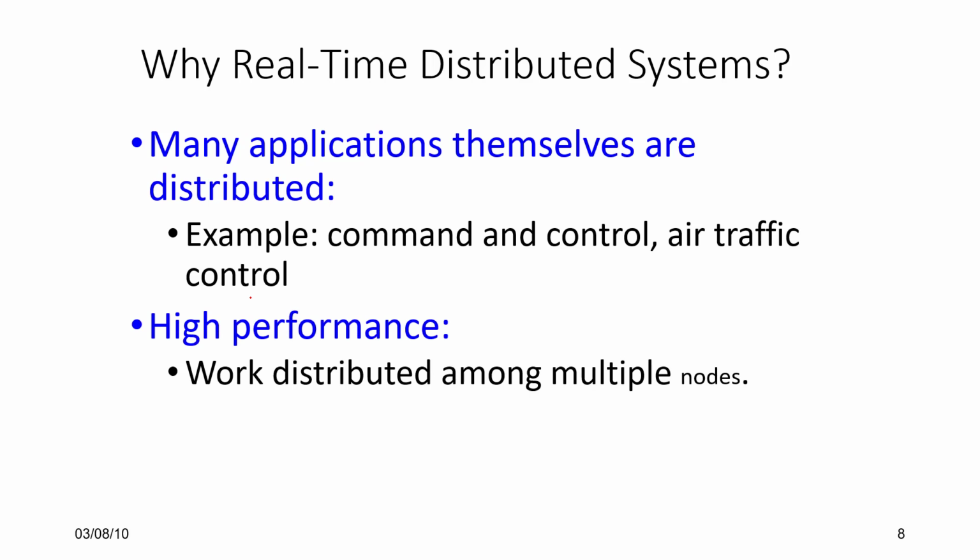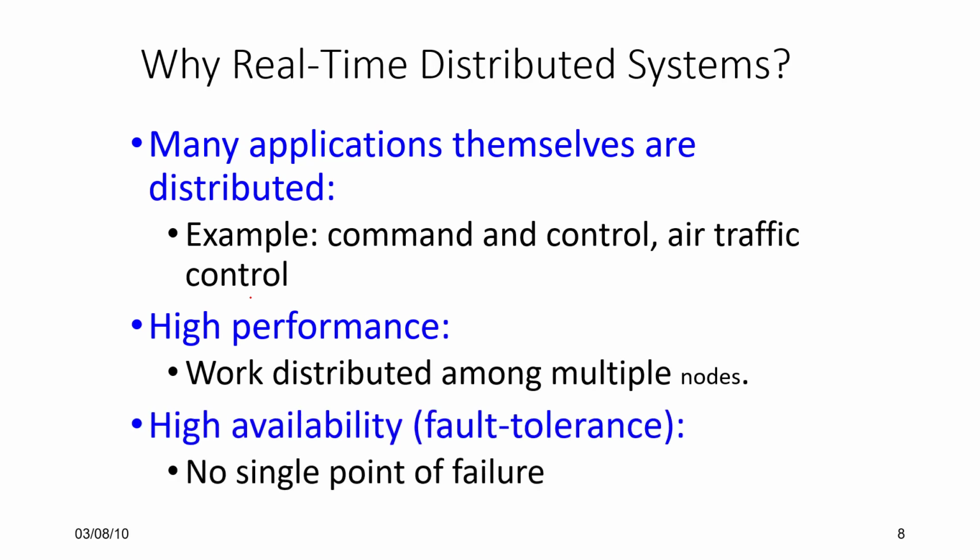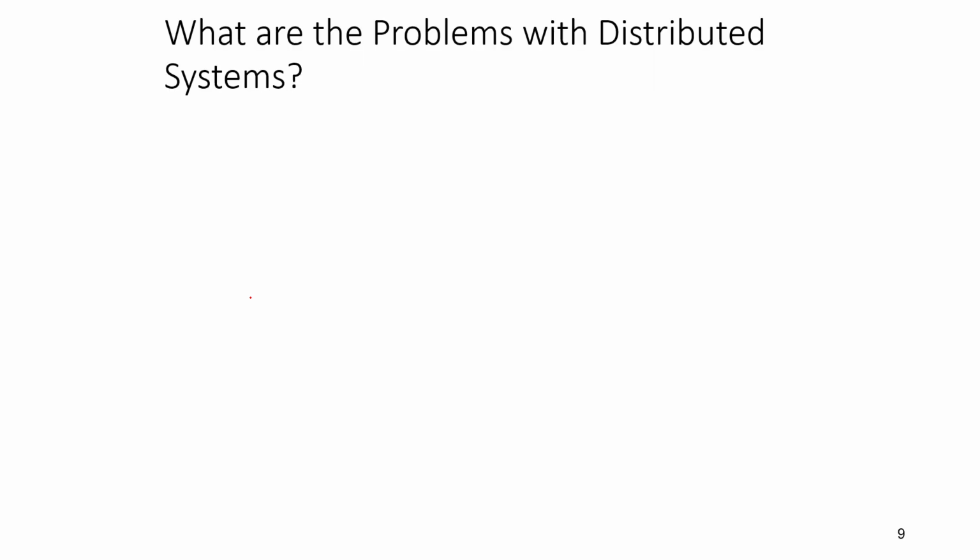See, the work is distributed among multiple nodes, and furthermore, if we have a single computer, if that fails, the entire nuclear plant will fail, which is something we can't possibly afford. So, because there is no single point of failure, we would like to have a distributed system with redundancy and fault tolerance, etc., built in. Then it will automatically become a distributed system, which needs to be made real time as well.